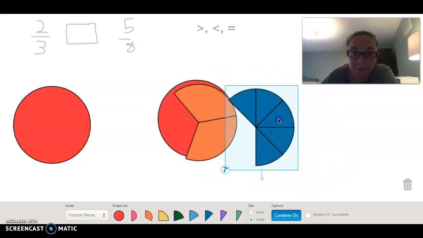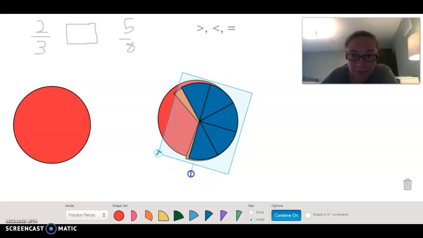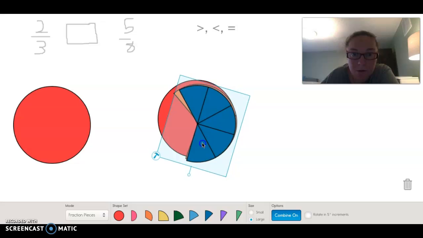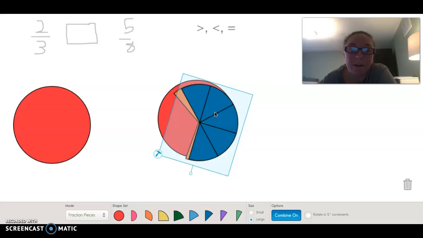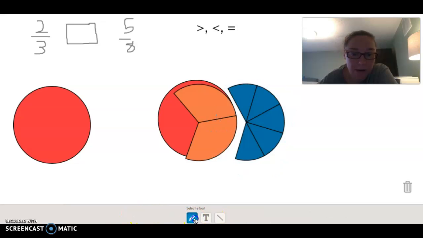I'm going to try to put my blue on top because it's a little hard. I'm noticing that 2/3 is just a little bit greater in size than my 5/8. So in that case, I would put the greater than symbol inside my box.